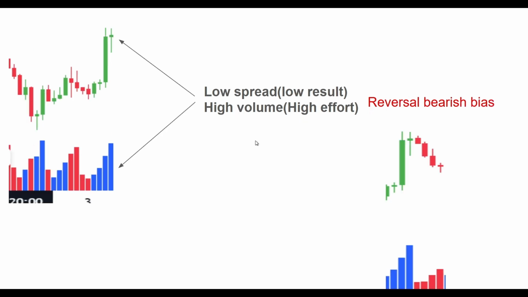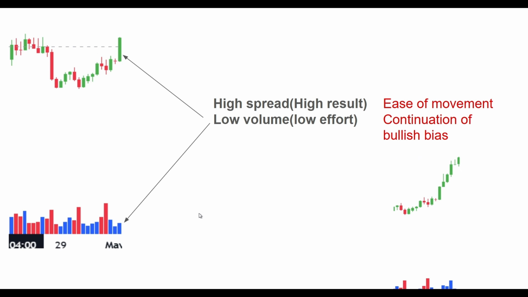We have also talked that when we have a high volume and then the spread is so low as compared to the volume, that is a sign of a reversal or a bearish bias. We have a lot of effort, but the effort does not match the result. That will always lead to a bearish bias.